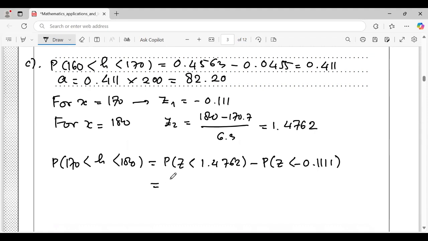And the result is 0.9292. This number is from a calculator or your table.